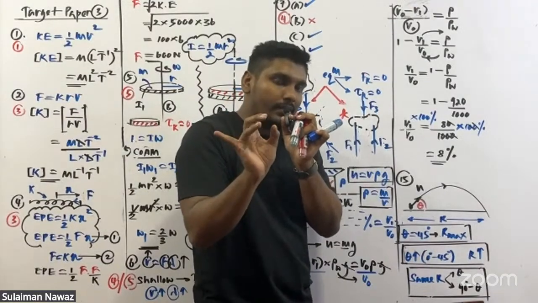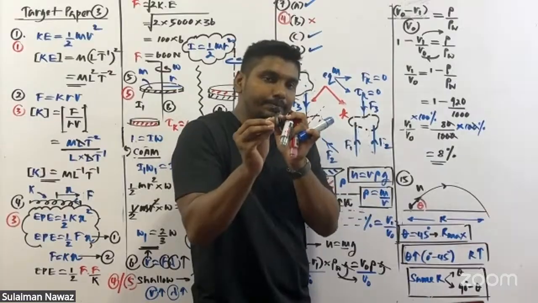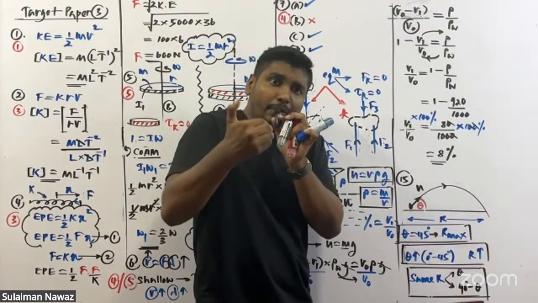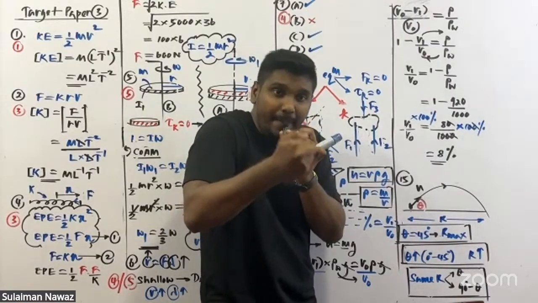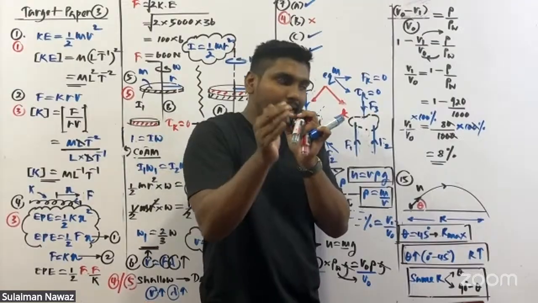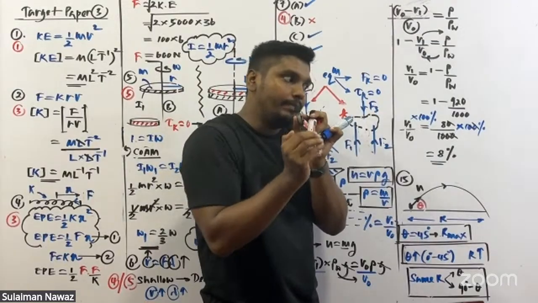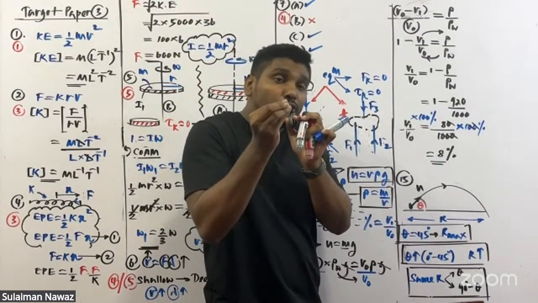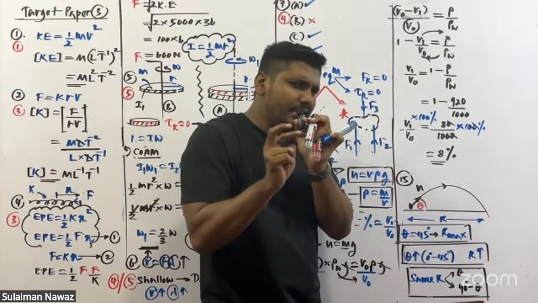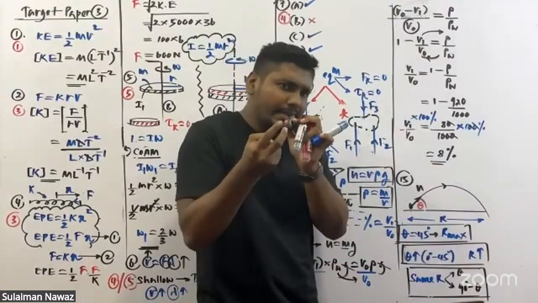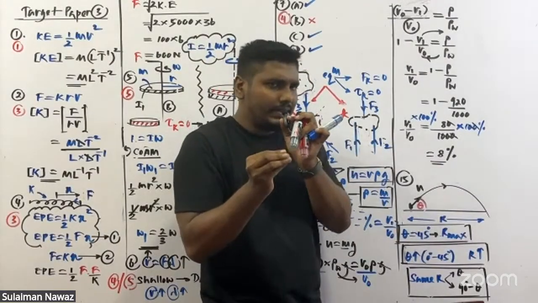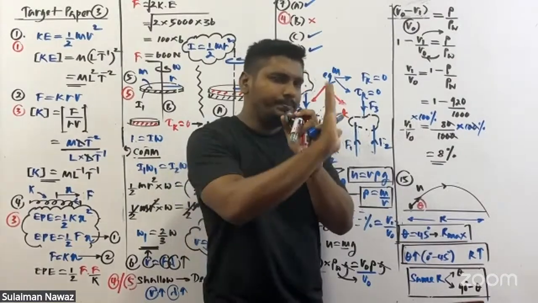When you consider 30 degree, let's say horizontal range is capital R. What is the other possible angle which gives same capital R? 90 minus 30, 60. Then you understand option 1, 30 degree, and option 4, 60 degree, both of them will give the same horizontal range. If both of them are the same, we can't take the answer as option 1 or option 4.